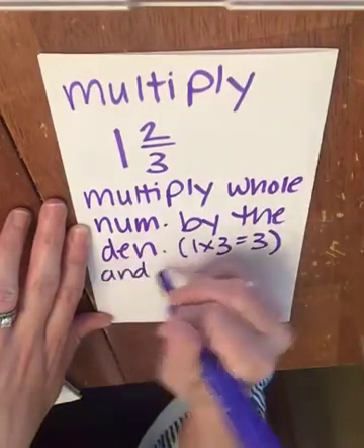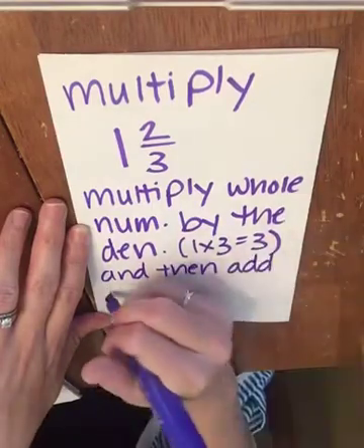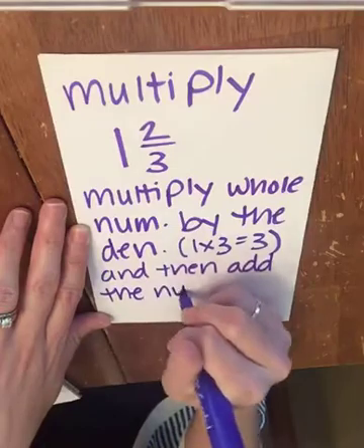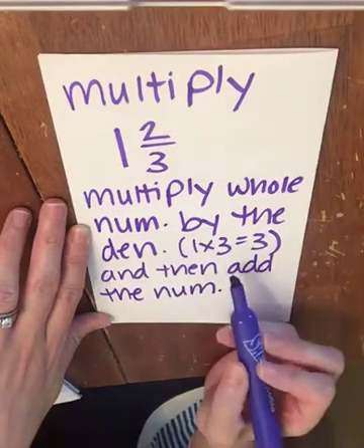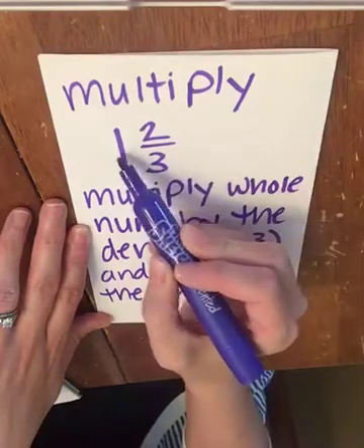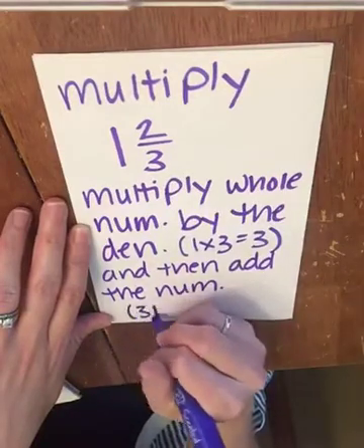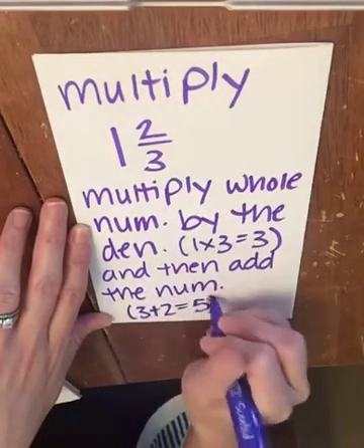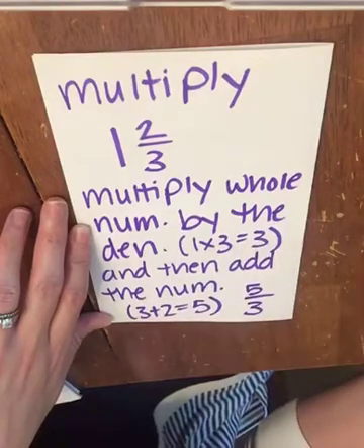And then I add the numerator to that, okay? So I'm going to do 3, because this equals 3 pieces, plus 2. So I end up with a fraction of 5/3, okay?